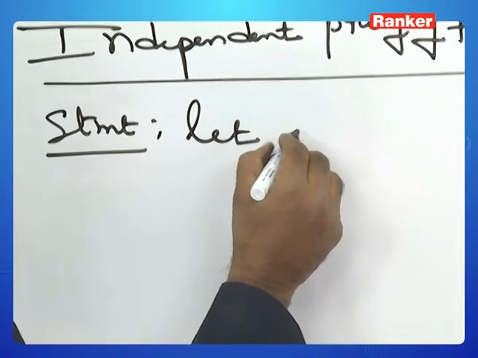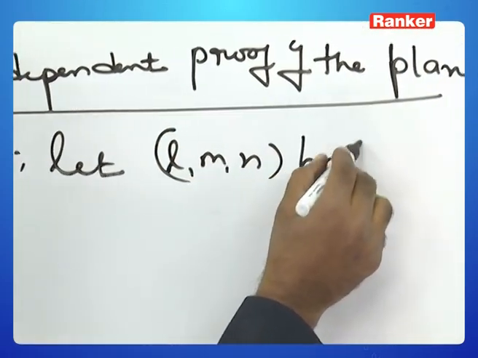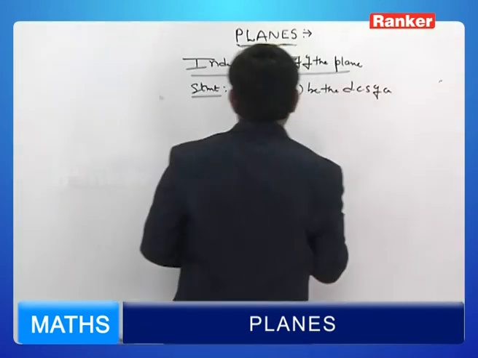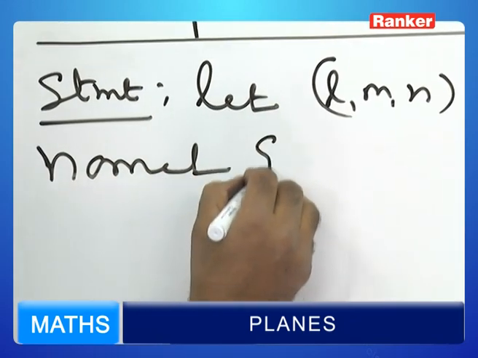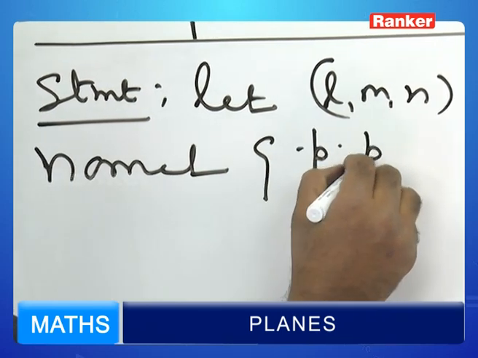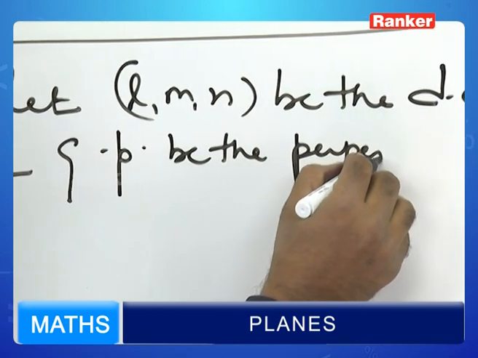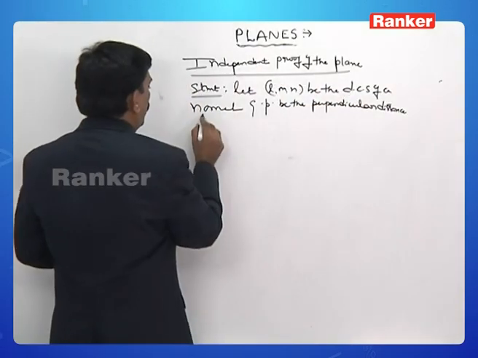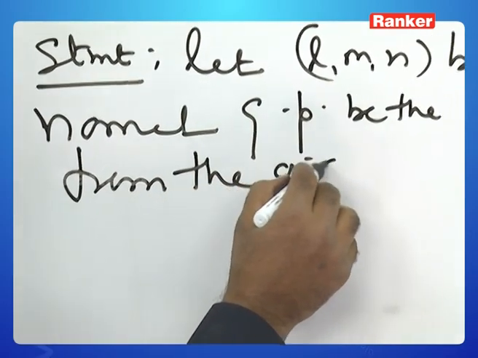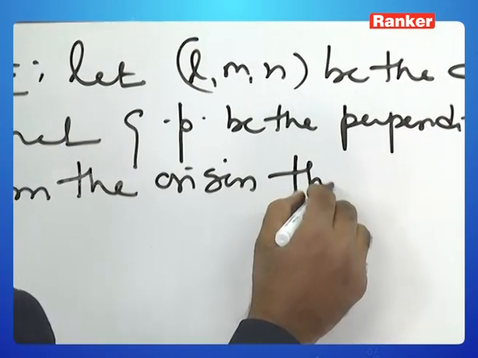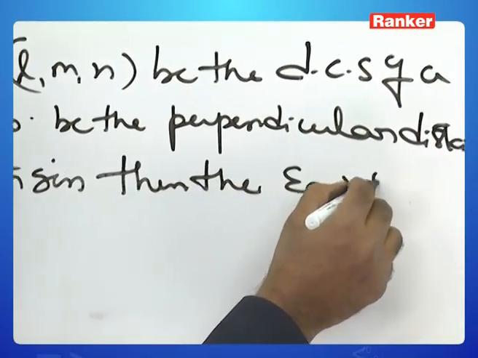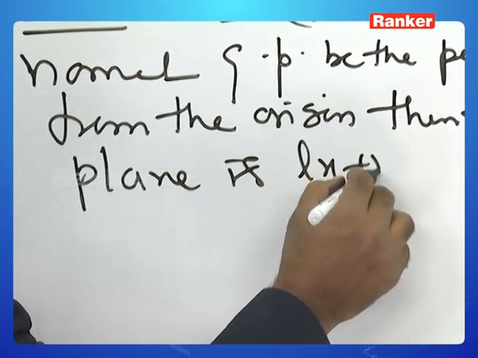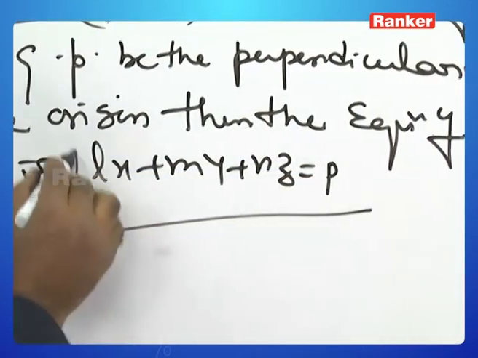Let l, m, n be the DCS of a normal and p be the perpendicular distance from the origin, then the equation of the plane is lx plus my plus nz is equal to p.